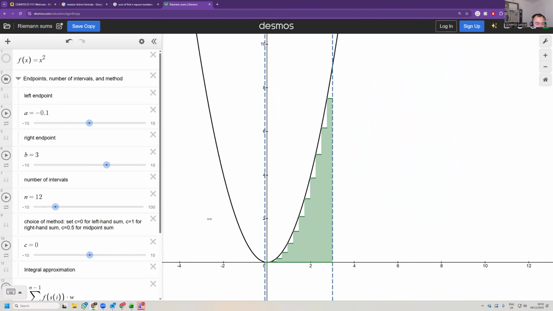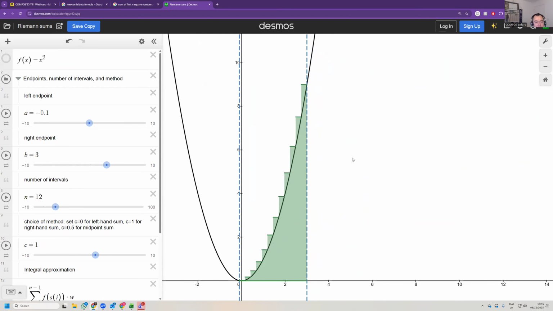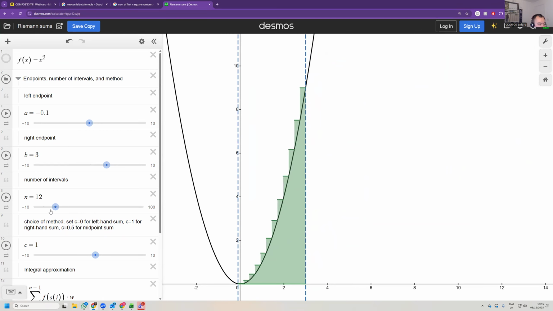This is using right hand. And this n is the number of intervals. So for 3 intervals, it's like this. N is 4, 5, 6, 7, 8, 9, 10, 11, 12.